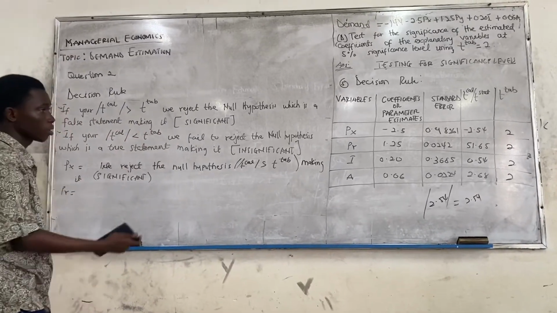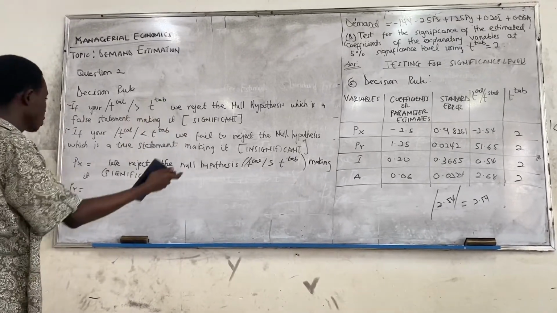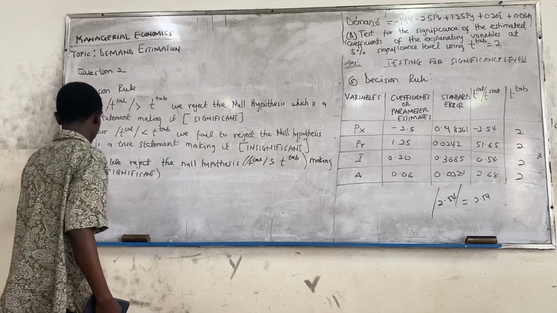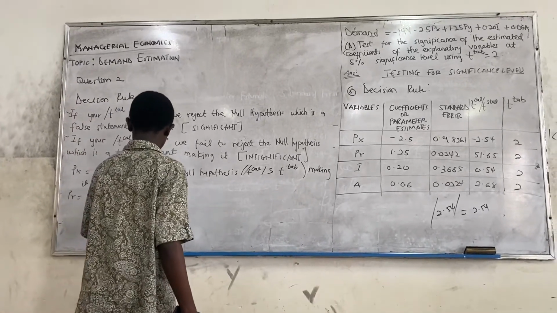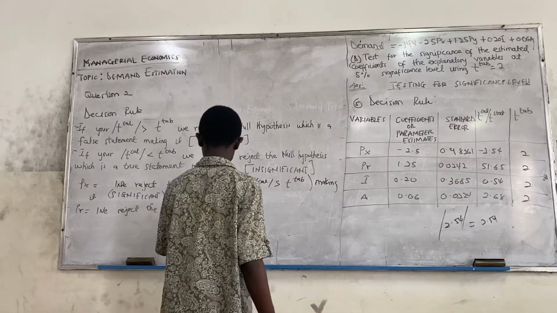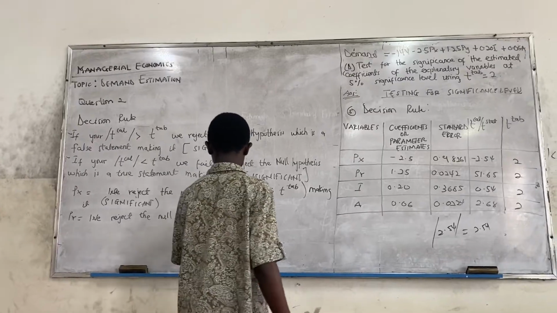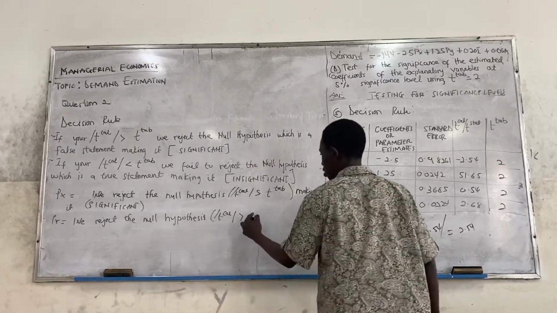So Py, we have 51.65 is greater than theta, so we reject the null hypothesis, and it is significant.